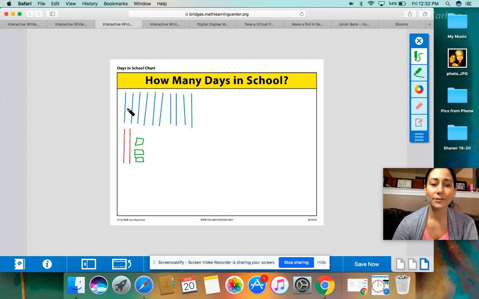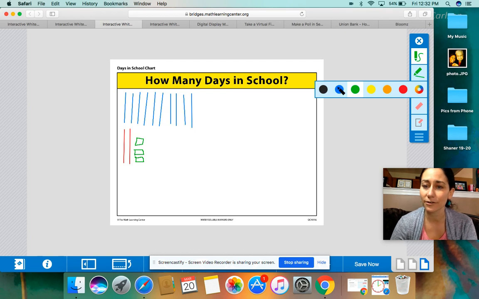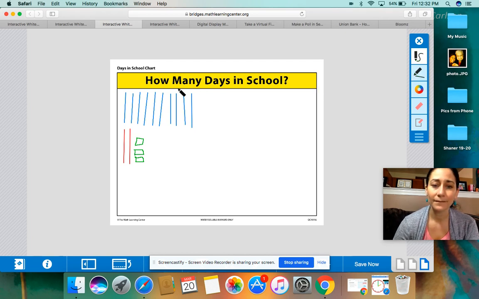123. So here we have one whole group of 100. Let me change this color again for you so I can circle it. We have one big group of 100 because we counted it 10, 20, 30, 40, 50, 60, 70, 80, 90, 100.